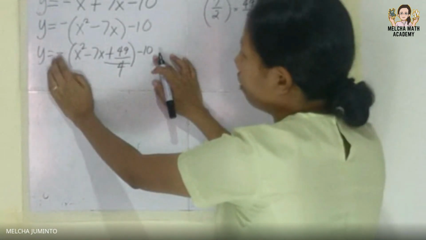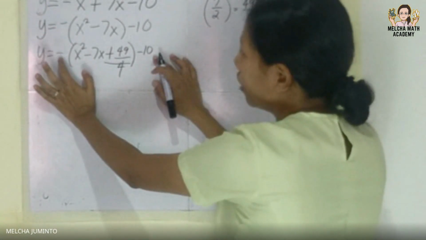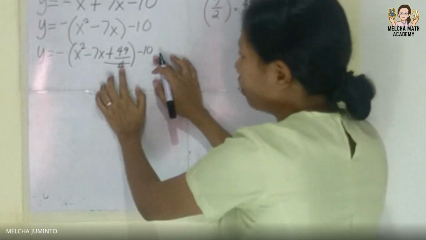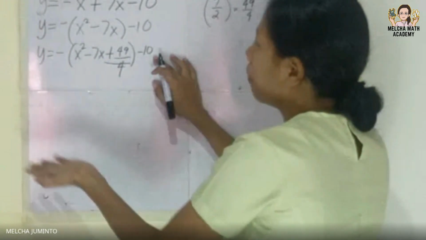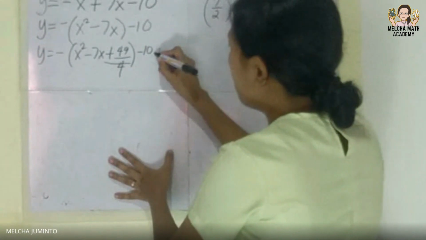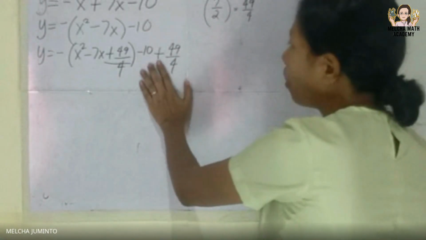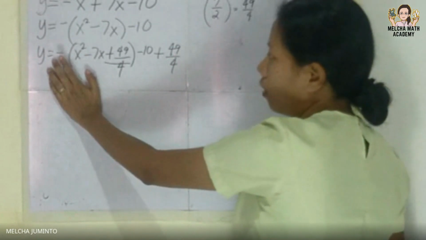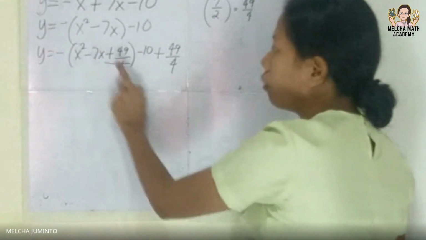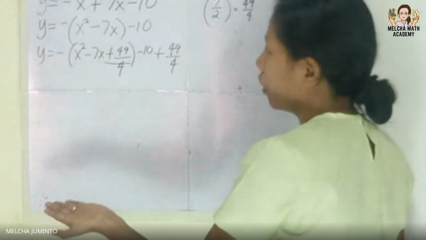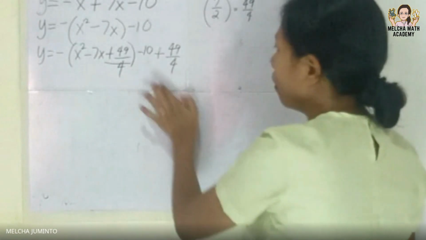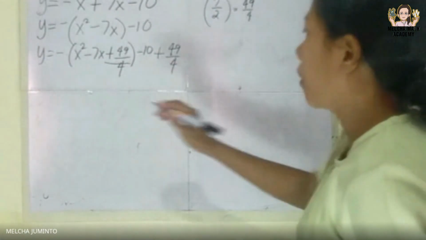But since there is a negative outside, you first multiply negative 1 and 49 over 4, and it becomes negative 49 over 4. That's why we need to add 49 over 4 in the last part.